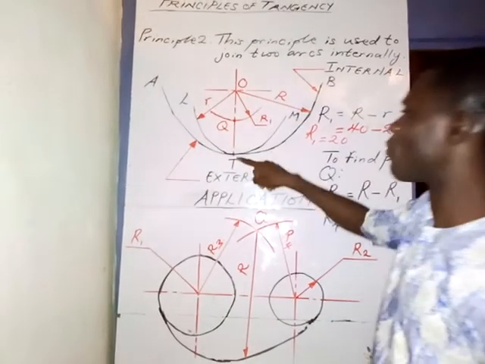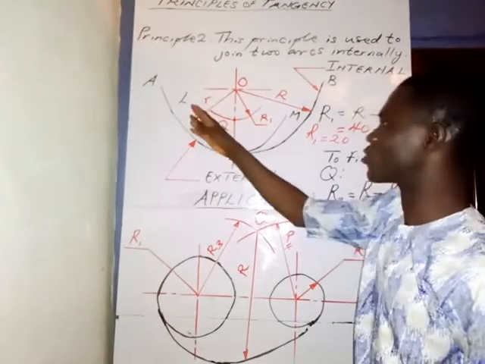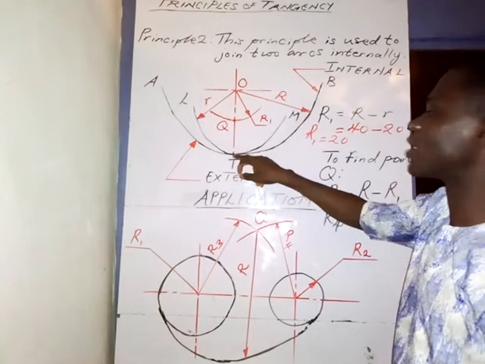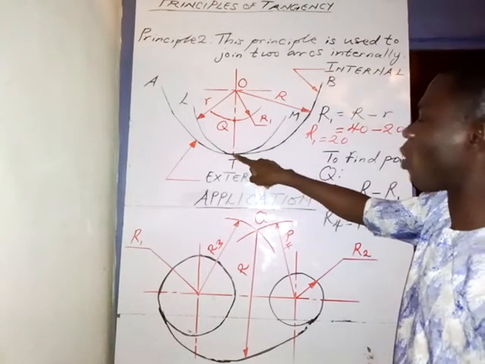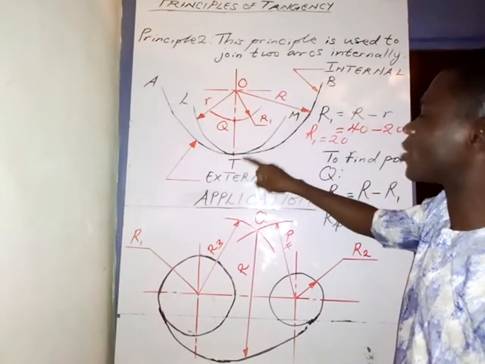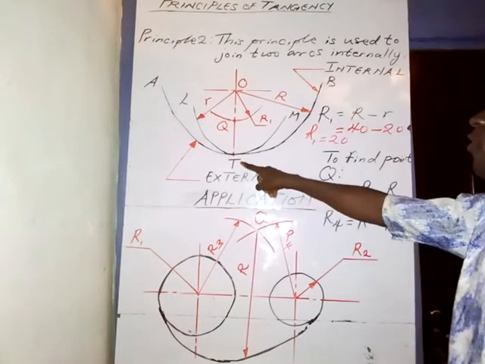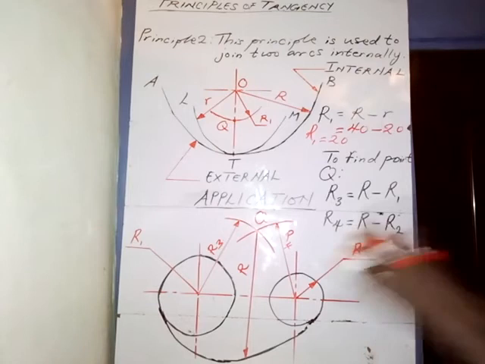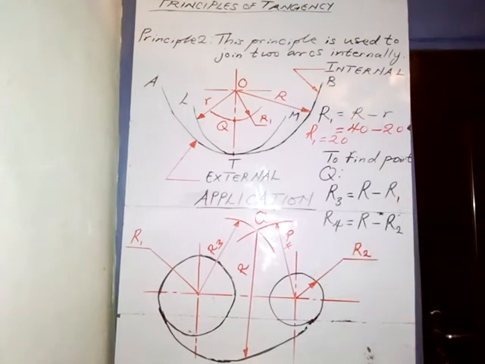This arc will touch the bigger arc. The smaller arc will touch the bigger arc at this point. And this point where the arcs touch each other is known as the point of tangency T, which I said we usually use capital letter T to indicate when it comes to engineering drawing or technical drawing. So I believe that is clear to you.